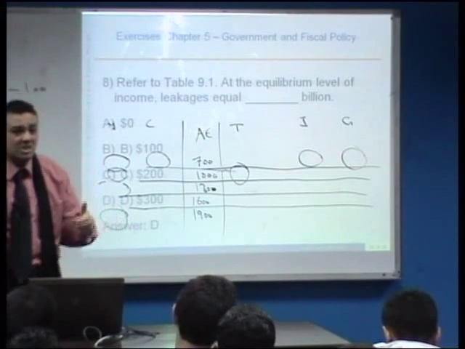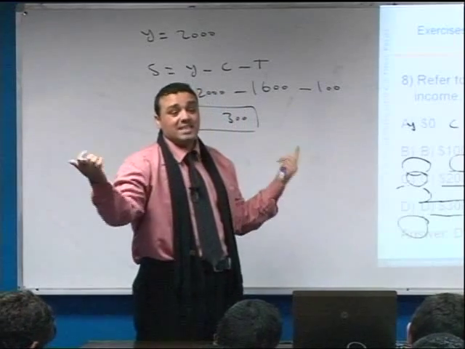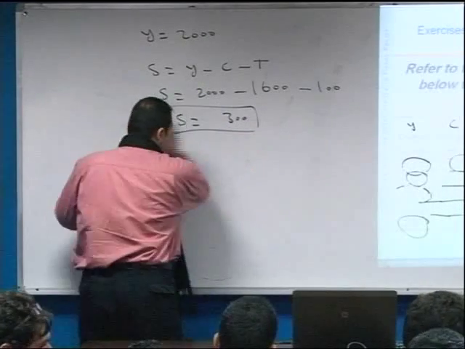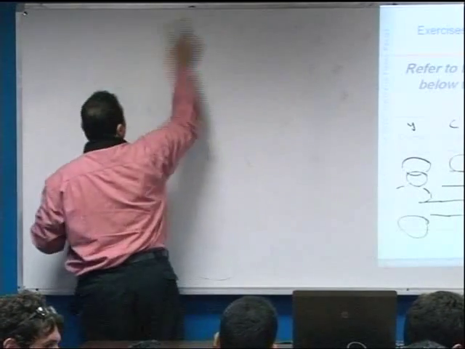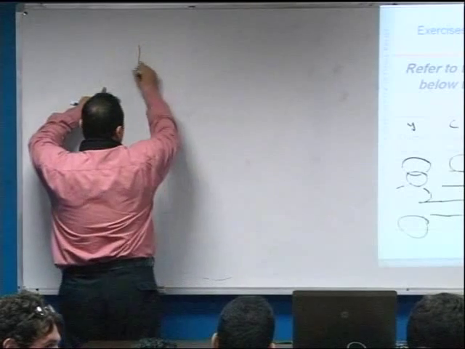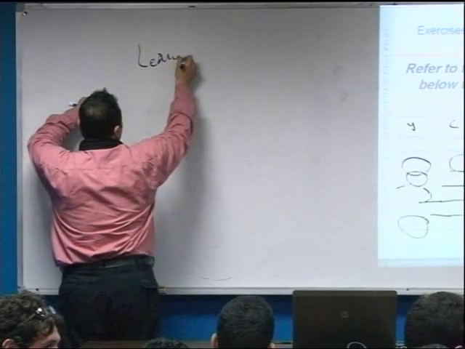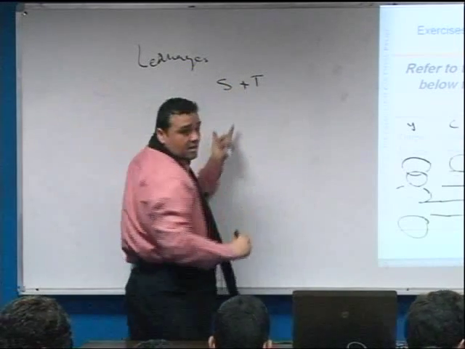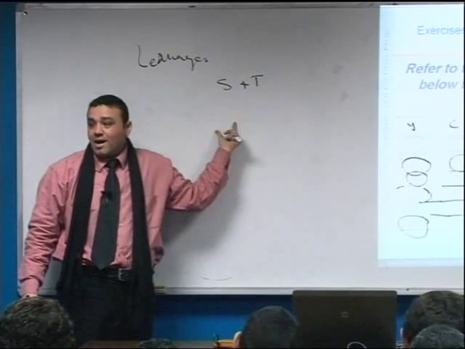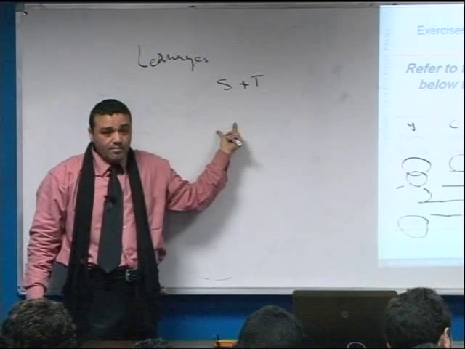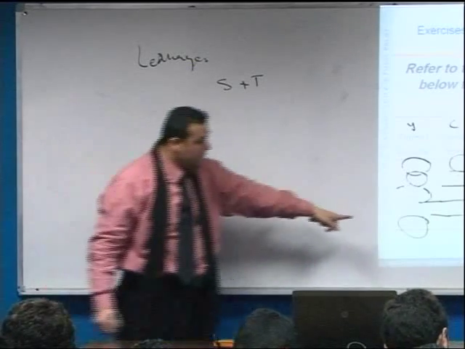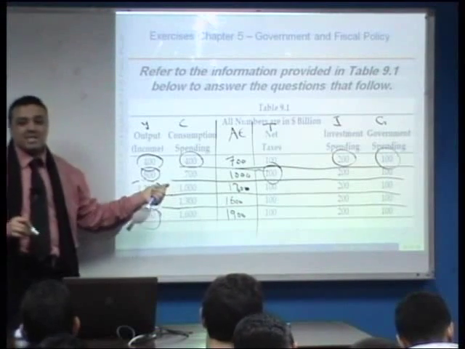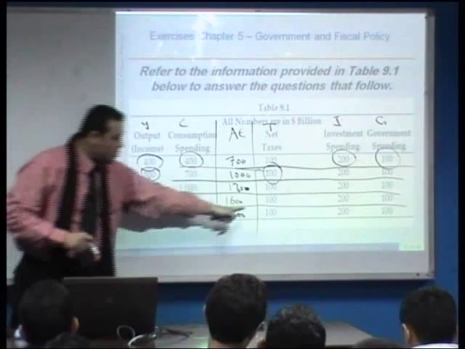As you know, the leakages equal S plus T. And the injections are I plus G. So at equilibrium, at 1600, S plus T equals how much? Tax equals 100.